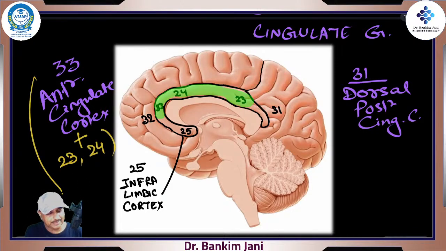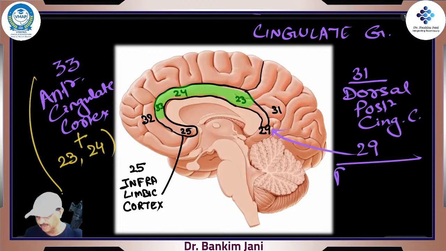For the anterior cingulate cortex we settled the thing, that is 33, 34. But what is left out is this posterior portion, so we write down 29 over here. This 29 is the posterior cingulate cortex.